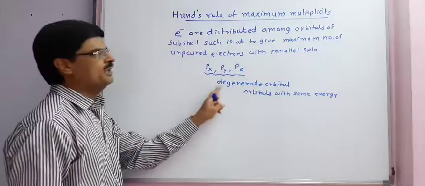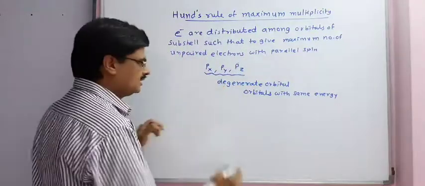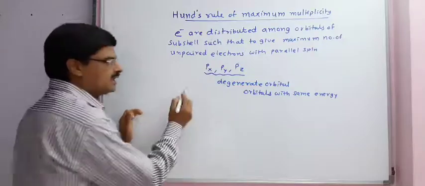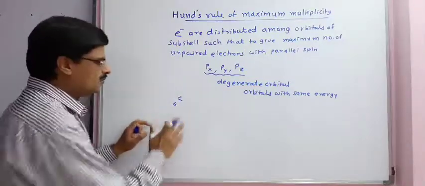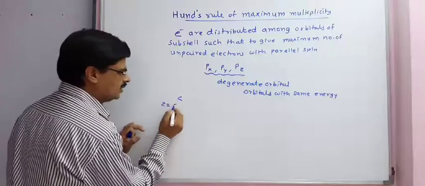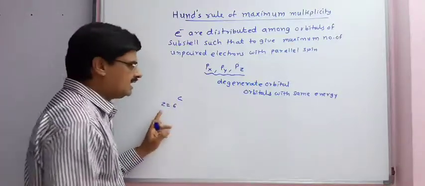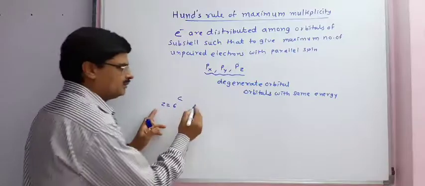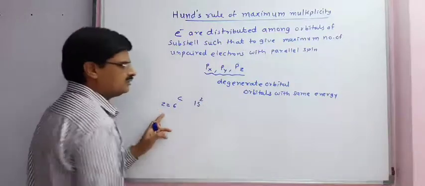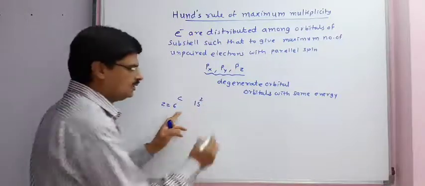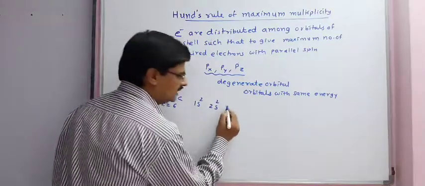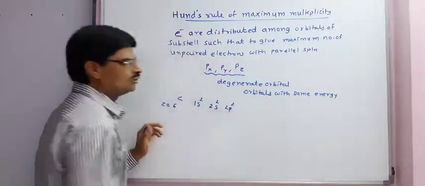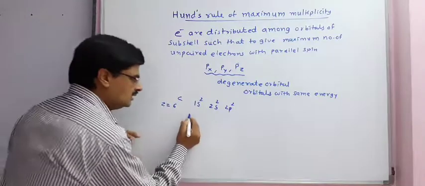Now, we consider the electronic configuration of carbon. Carbon atomic number is 6, Z equal to 6. We can write electronic configuration of carbon as 1s orbital contains 2 electrons, 2s also contains 2 electrons, and 2p orbital also contains 2 electrons.